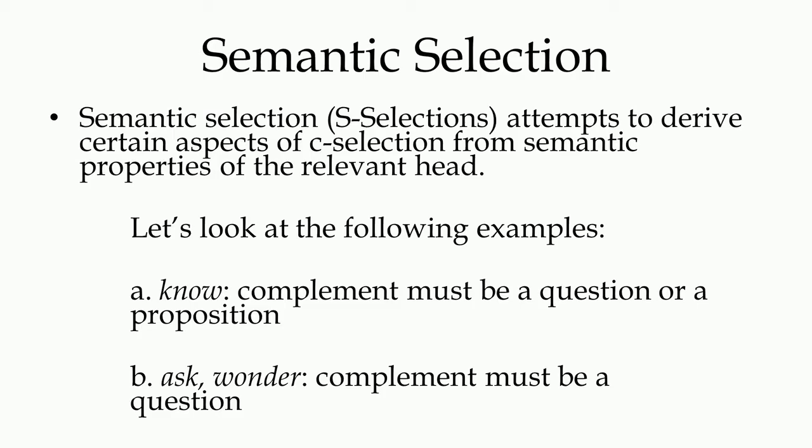If we want to look at the same thing from a semantic perspective, we would say things like: for the verb know, a complement must be a question or a proposition.